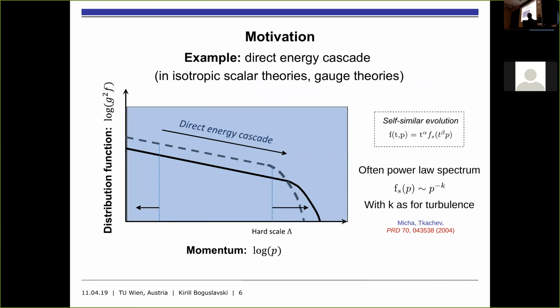So look, it depends on the region. Here is an example of a direct energy cascade, which means that the energy density in this region is conserved, which means that when you have omega of p times f of p, and you integrate over momentum. No, I can integrate f alone, particle number. No, look. That's a condition. When I integrate the energy, I have another condition. They might not be consistent with each other.